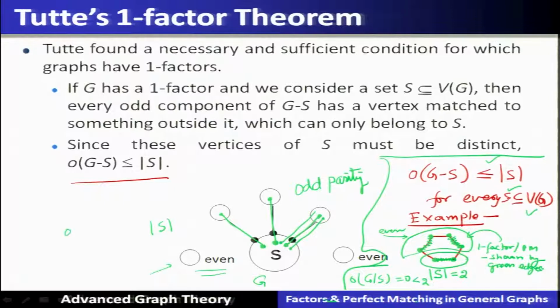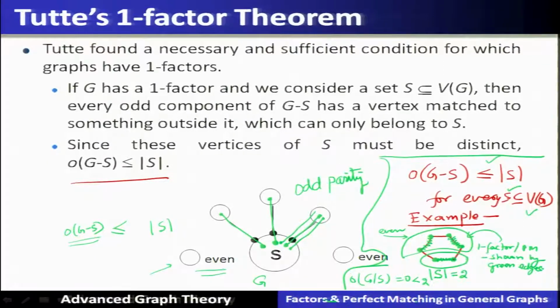That is why the number of odd components after removing S is at most the number of elements in S. Why? Because for every component there will be one element, plus some more elements can be there in S. So, let us see the condition where it will be violated, which we will see in further examples.